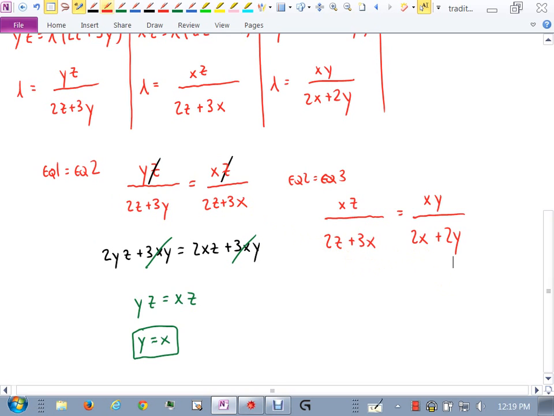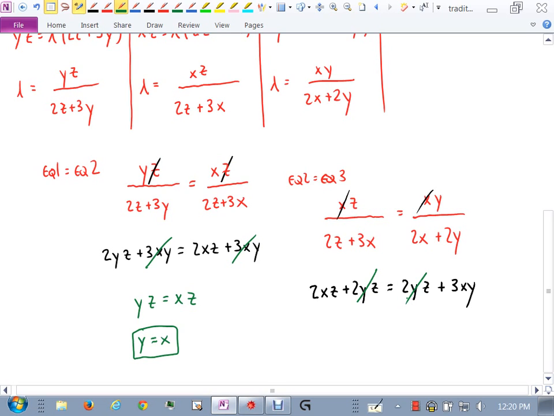Can I kill anything off? The x's? Okay, I multiply both sides, so 2xz plus 2yz equals 2yz, yes. And then plus 3xy. 2yz's cancel.